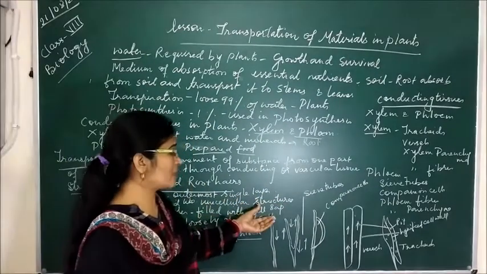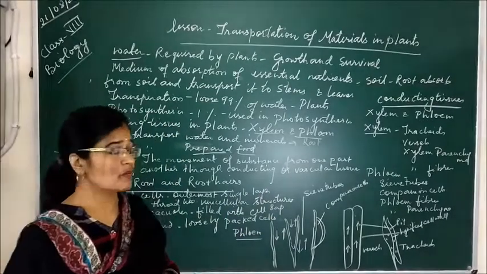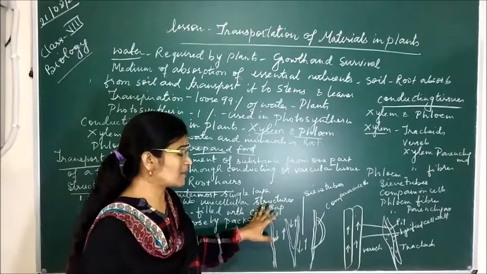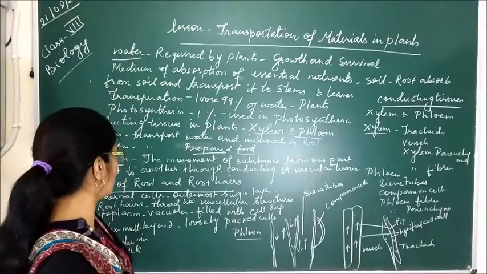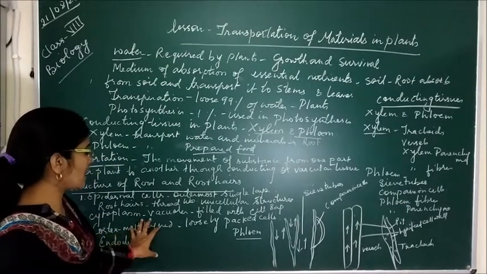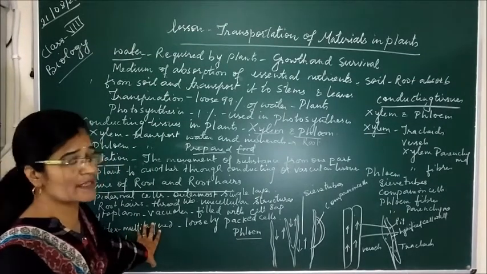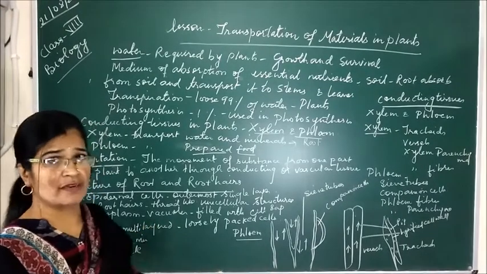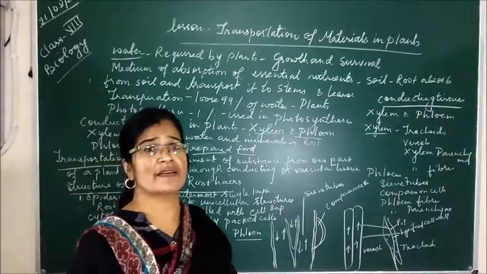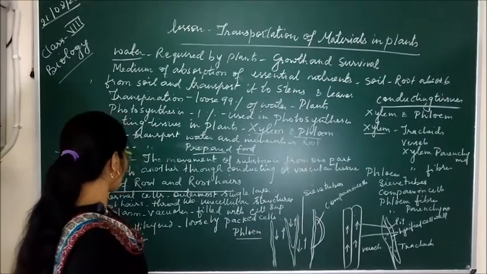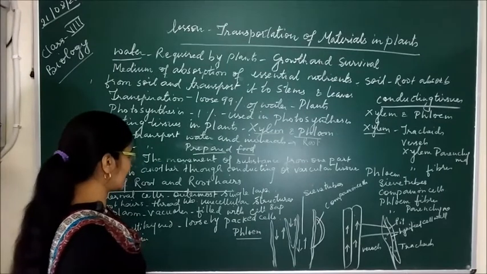This cell sap is filled with nutrients or water which are required for the plant, and this cell sap is now transported to different parts of the plant. After that, they have another layer that is called cortex. They are a multi-layered structure, and these cells are loosely packed. Loosely packed means they are free. We can also see intercellular spaces between the cells. And after the cortex, we can see the endodermis and the pericycle.